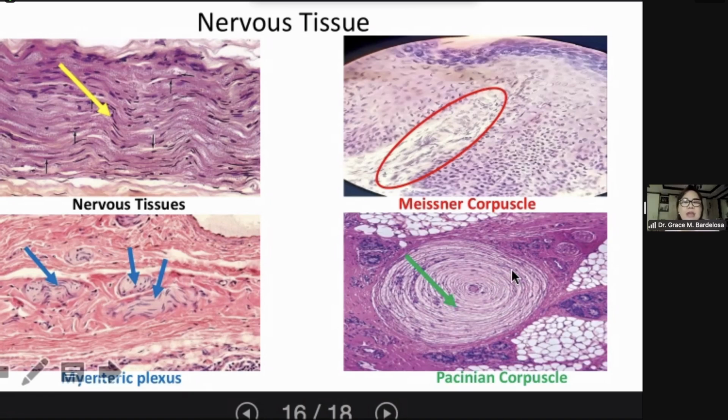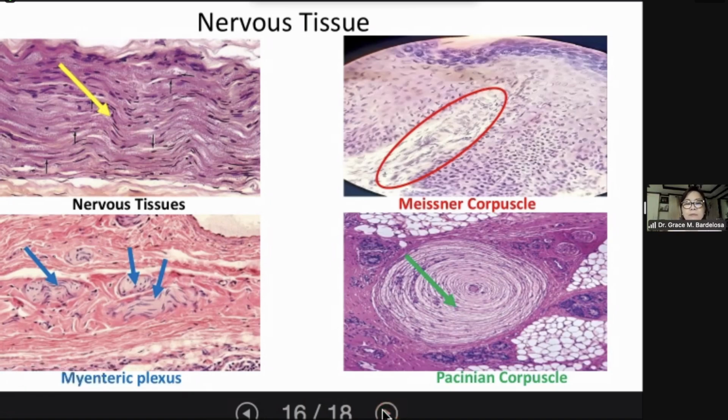And then we have here the Meissner's corpuscles. We also can find here the Pacinian corpuscle. I believe you will take this up in a separate lecture. And as you can see here, these are nerves, and these could be differentiated from blood vessels by the absence of lumen in nervous tissue.